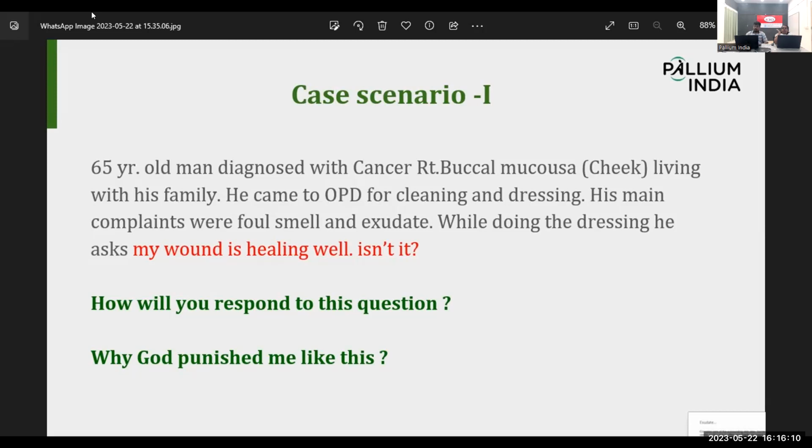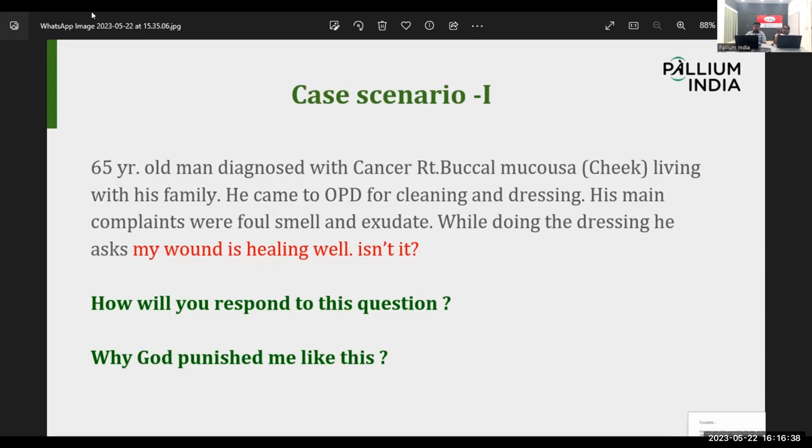So charcoal dressing is also important. You can take 1 or 2 pieces of charcoal and keep them under the bed of the patient, or even keep them in the corner of the room. That will help to absorb the bad smell. Charcoal is the best agent for absorbing bad smell. In all these ways we can control the malodor.